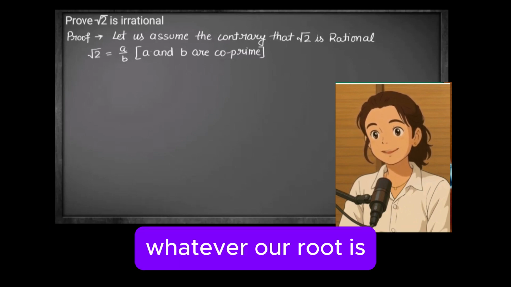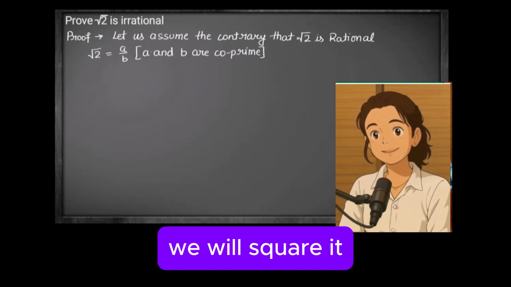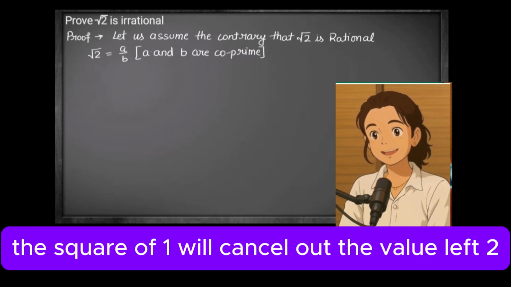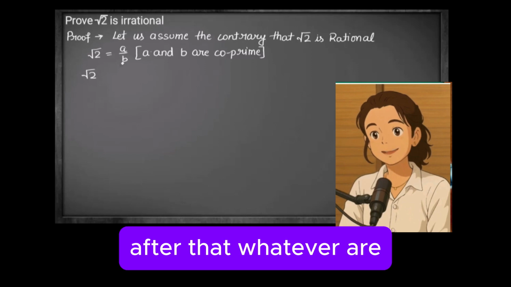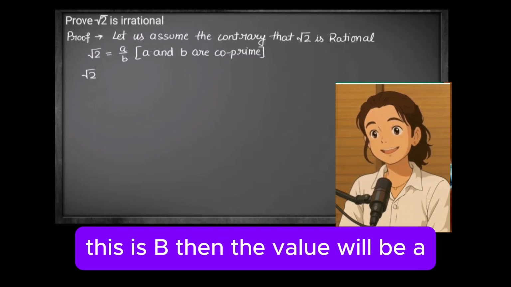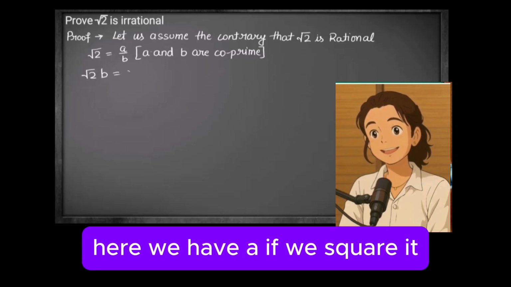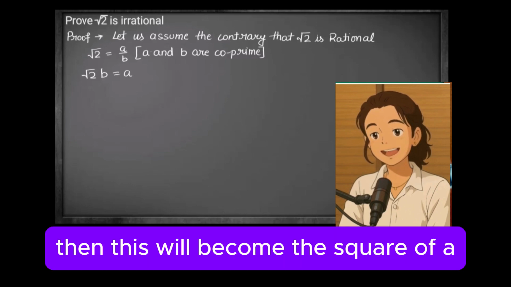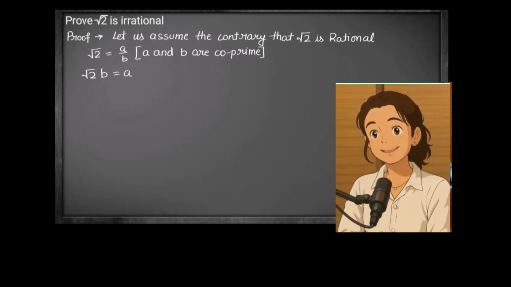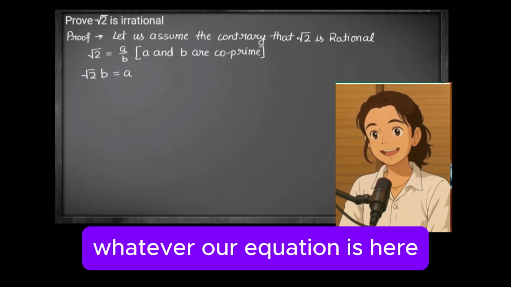Whatever our root is, we will square it, the square root cancels out and the value left is 2. After that, b squared is there, so we get 2 b squared. Here, we have a; if we square it, this will become a squared. So our equation is 2b² = a².